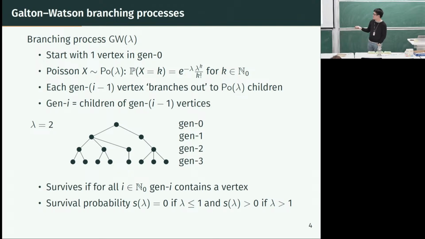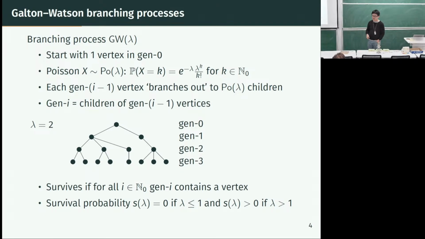Whereas if you are above 1 with this lambda, then you have a positive chance of actually surviving, in particular because you may have more than one child every generation. Right, so this is all for the Galton-Watson branching process.